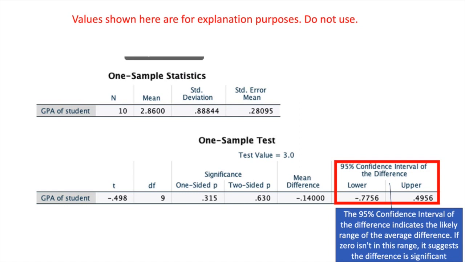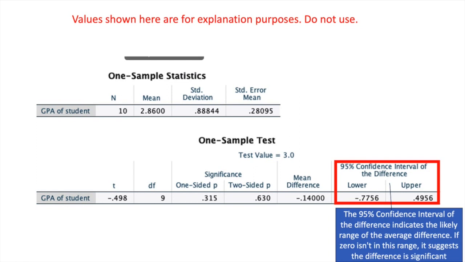average difference. One way to interpret this is that if there's minimal difference between the sample mean and population mean, the range will likely include zero. But if this range, the lower and the upper, does not have zero in it, it likely suggests significance. Now, there's multiple ways of determining significance.